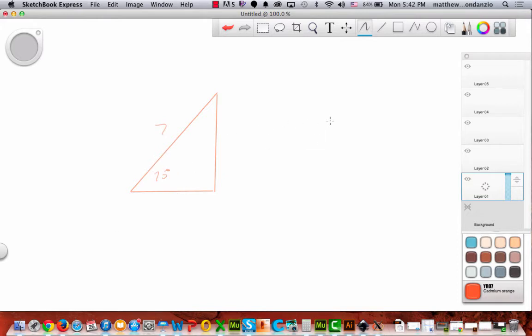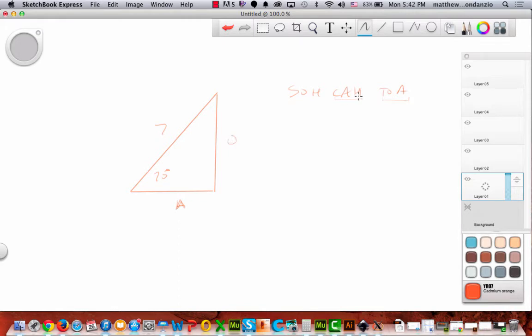Well, I know that I have an opposite and an adjacent, right? And I'm looking for the adjacent, aren't I? So I say, okay, well, again, SOH CAH TOA, right? If I'm looking for my adjacent, which one has my adjacent? Well, it's either cosine or tangent. In order to do tangent, I need the opposite.